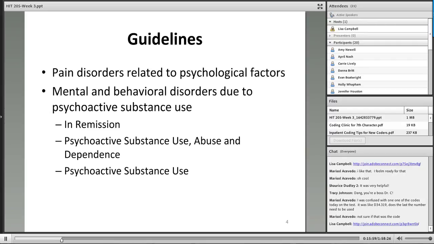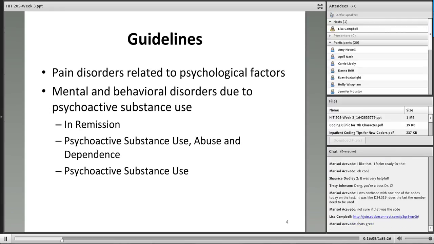Then it states code F45.42, pain disorders with related psychological factors, should be used with a code from category G89. So you stop there and you're thinking like, okay, what's the difference? Okay, here's the difference.